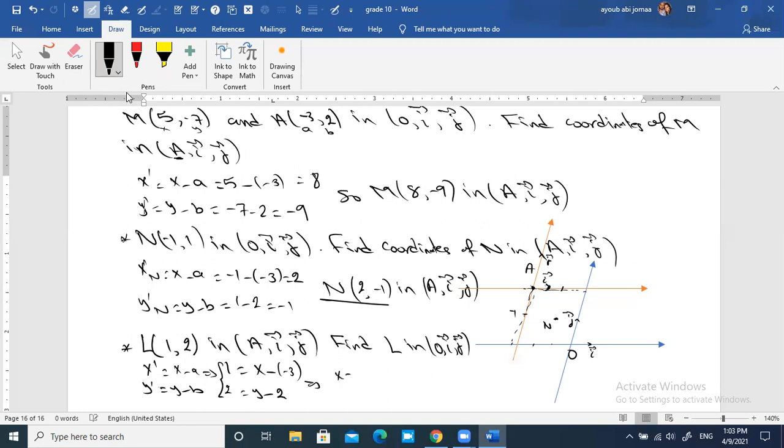Then X will be equal to 1 minus 3, which is negative 2, and Y will be equal to 4. Then point L will have coordinates negative 2, 4 in the system OIJ.